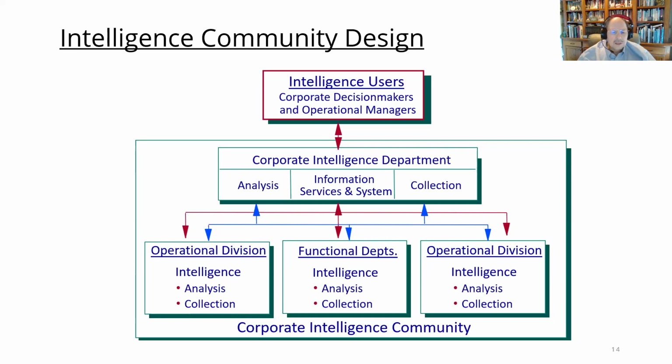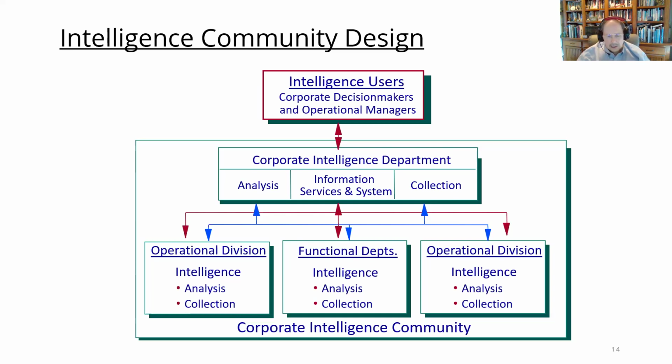All 3 services are available at the top level. You see the first bar inside the box for intelligence users at the corporate level, and they have all 3 elements: analysis, information systems, and collection, and they are funded fully on their own.